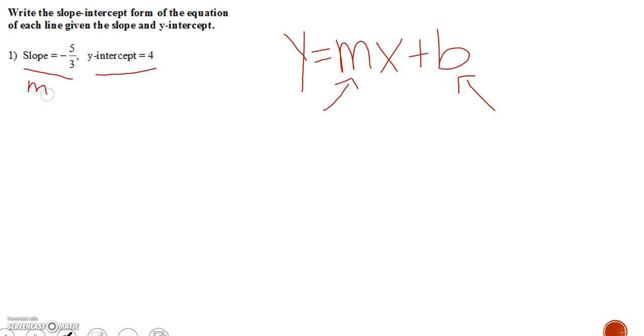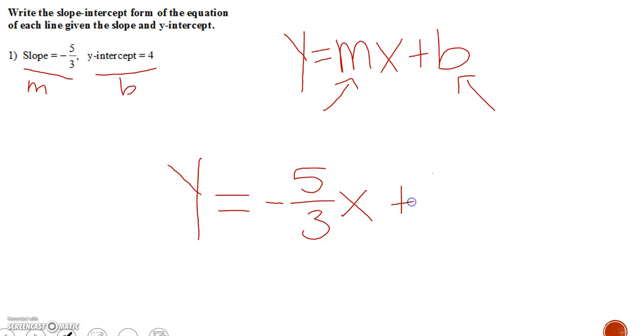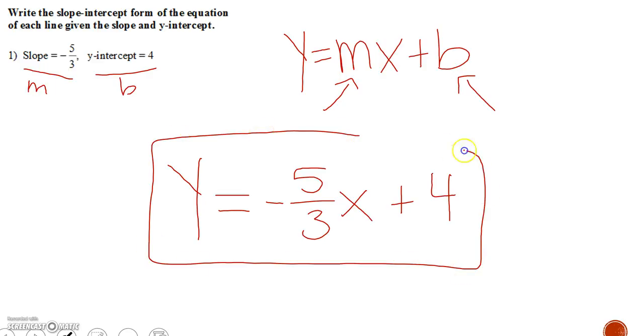So our slope, which is our m value, is negative 5/3, and our y-intercept is our b value. So all we're going to do is substitute these values in. So we have y equals our slope, negative 5/3 x, and then our y-intercept is positive 4, so we're going to have a plus 4 here. And that is the slope-intercept form of that equation.